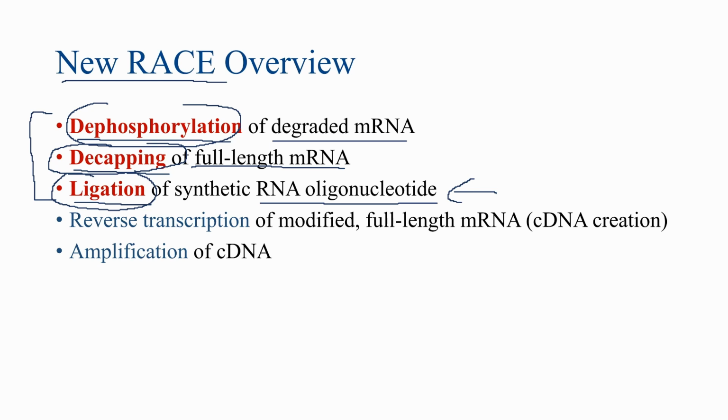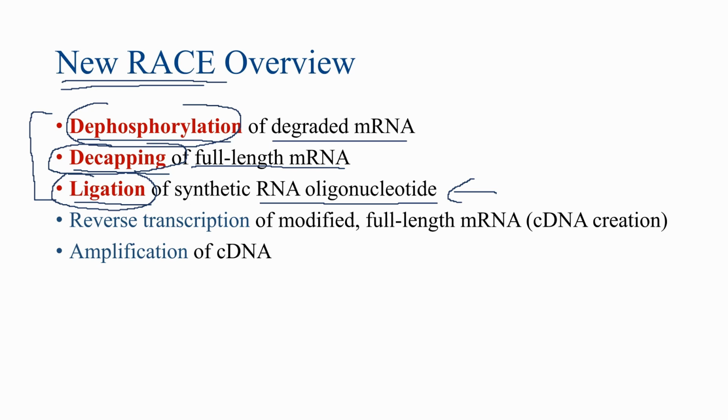But for now, I just want you to understand that these in red are the major differences between the new RACE, or I should say these are the additions in new RACE as they differ from the classic RACE. And then after you conclude those steps of dephosphorylation, decapping, and ligation, the central concept in new RACE is essentially identical to that of classic RACE.